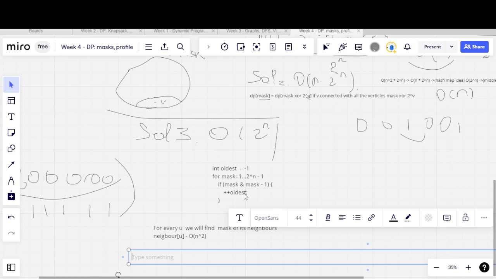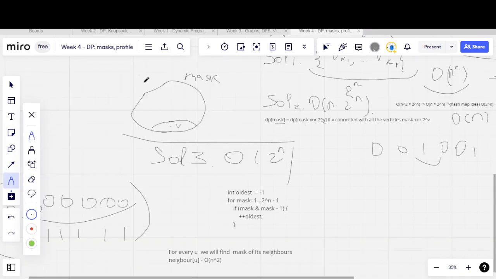So we consider vertical v, and we just want to get the neighbors of this vertical, if we're connected with verticals from mask. We have mask and mask complement.